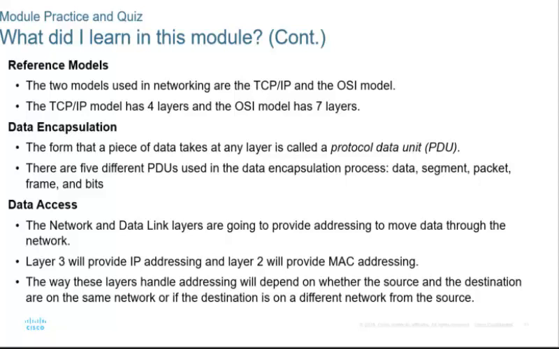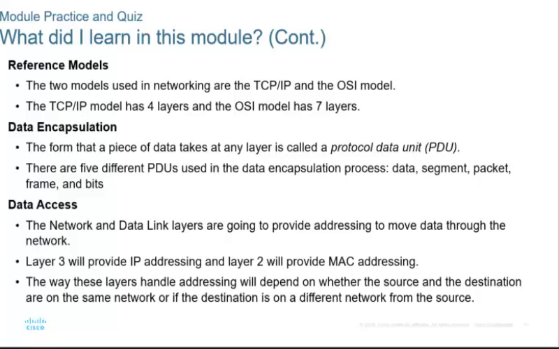We also talked about data encapsulation, and we said that the form that a piece of data takes at any layer is called a protocol data unit. There are different PDUs used in the data encapsulation process: data, segment, packet, frame, and bits.